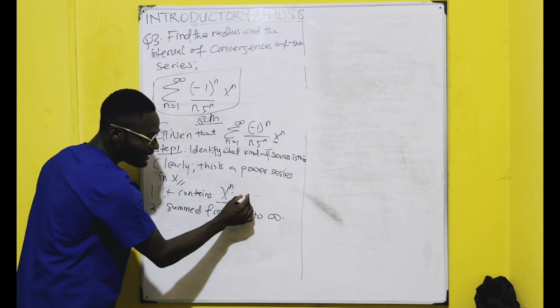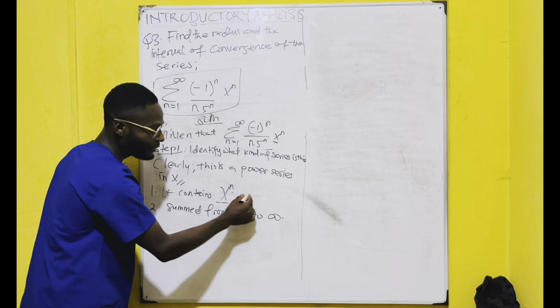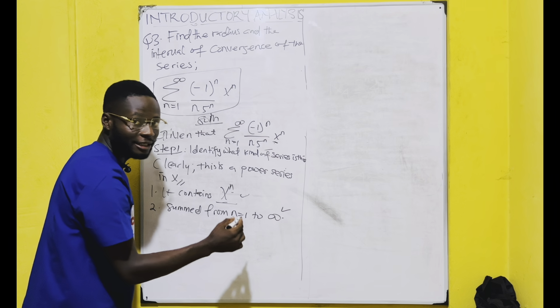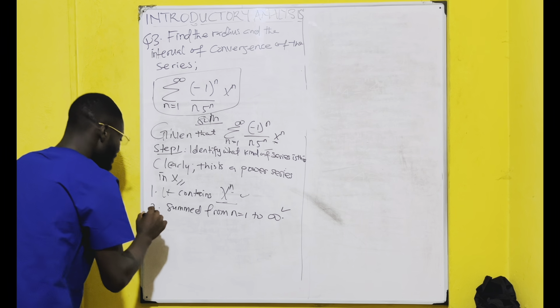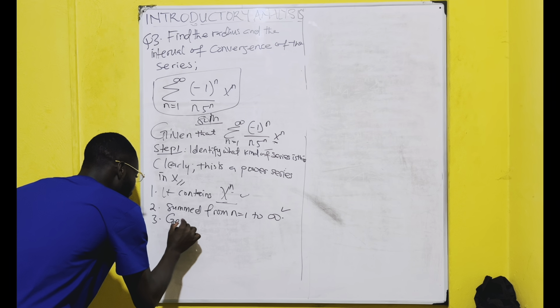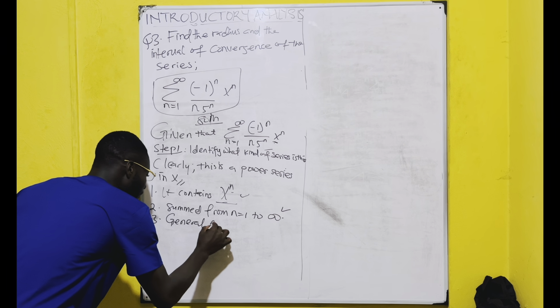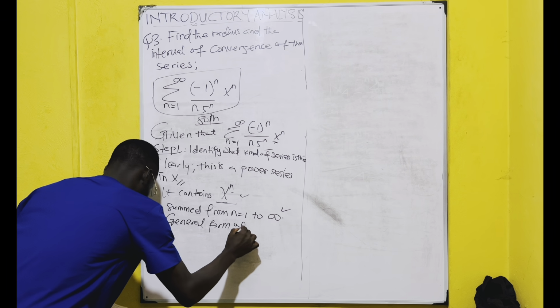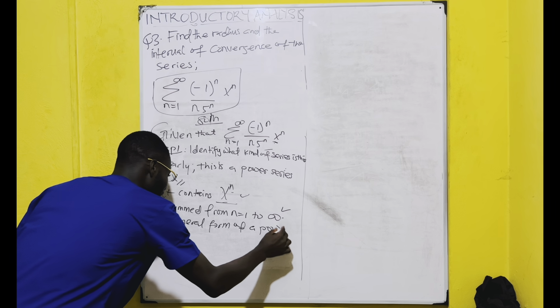So this is the first identification that it is a power series. This is the second identification that it is a power series. Three, the general form of a power series.